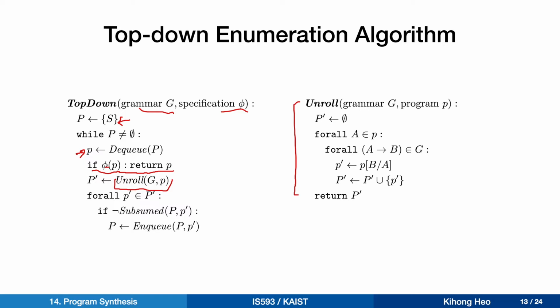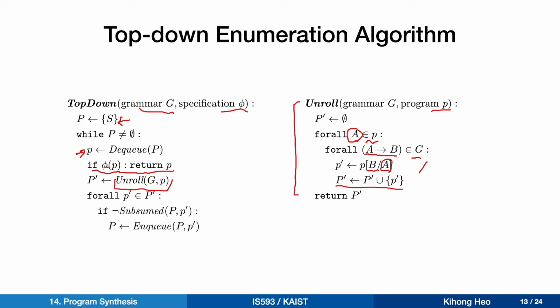In the unroll function, for all non-terminals A in this program P, for all production rules A to B in grammar G, it replaces A with B. Then we collect all of them.